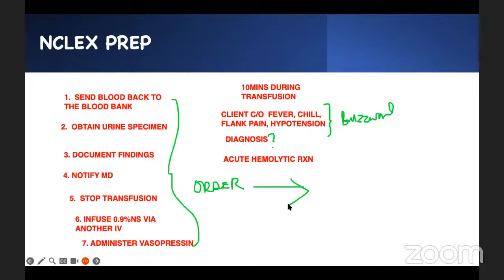What do you think? What is the most important? The first one, 1, 2, 3, 4, 5, 6. Which of these should be the correct order? Is it number 1, 2, 3, 4 is number one? Or number 5, number 6, number 7? What is the most appropriate order for this particular patient?